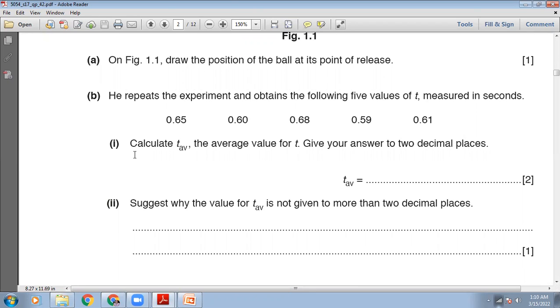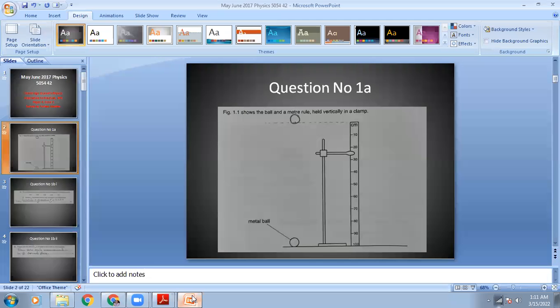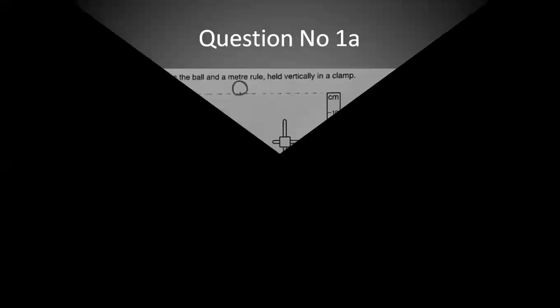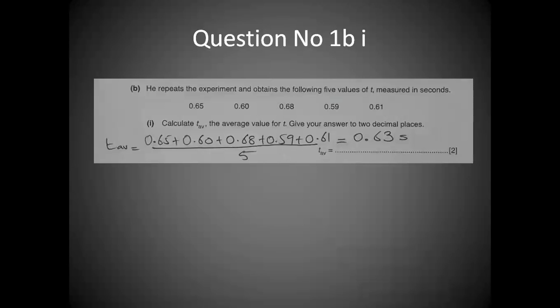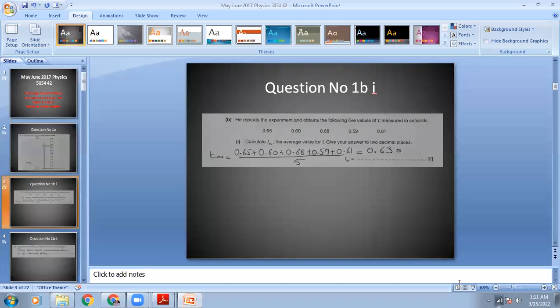You add these 5 values, and whatever the sum you get, you divide it by 5. So you will get the t average value. So let me show you. So here we go. 0.65 plus 0.60 plus 0.68 plus 0.59 plus 0.61, divided by 5, equals 0.63 seconds. So you get 0.63 seconds.